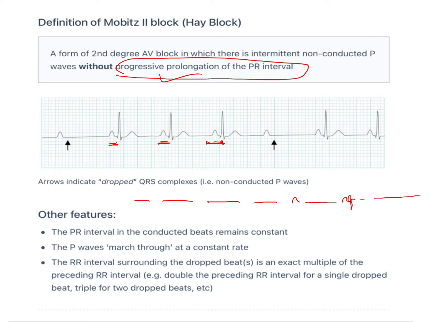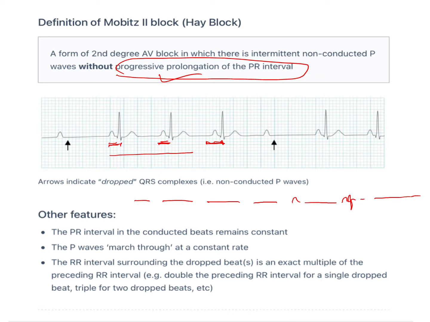We will get P waves with no QRS that can come after two PQRS complexes, or may come after three PQRS complexes. It is not certain when they will be present in the ECG. So in Mobitz type 2, there will be a prolonged PR interval, but no progressive prolongation.